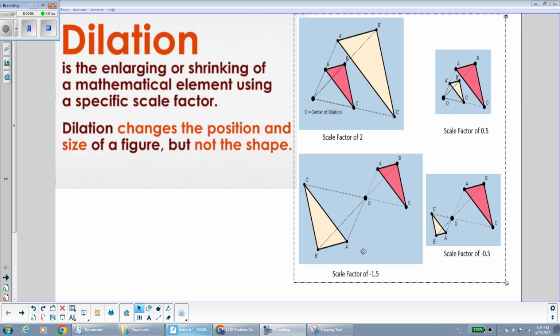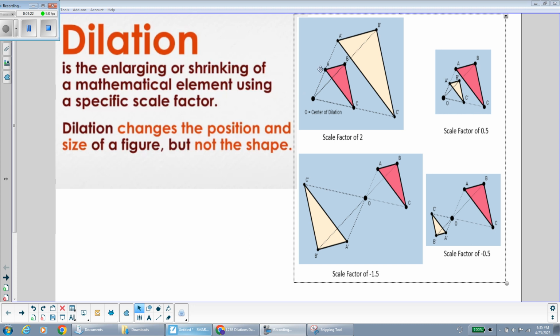Here we have a scale factor of negative 1.5. That's greater than 1 in size, so it is going to make it bigger. But notice how in the positive examples, like the positive scale factor of 2, the distance of the triangle from the center of dilation is increasing.